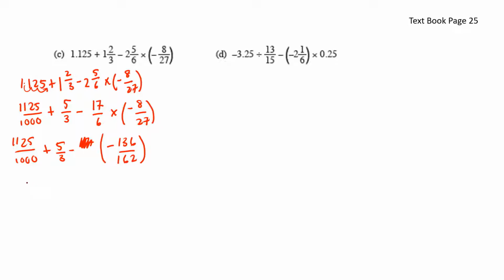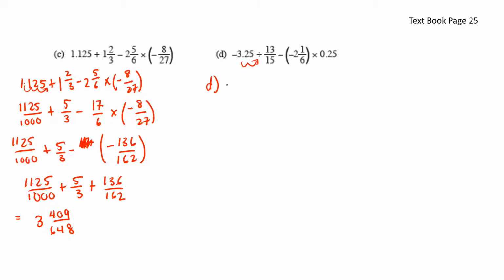Okay, so here let's just write that back down. 1125 over 1000 plus 5 over 3. We have a negative here and a negative here, so that will give us positive 136 over 162. So put this in your calculator and let's see what we get. Okay, so that is complete.